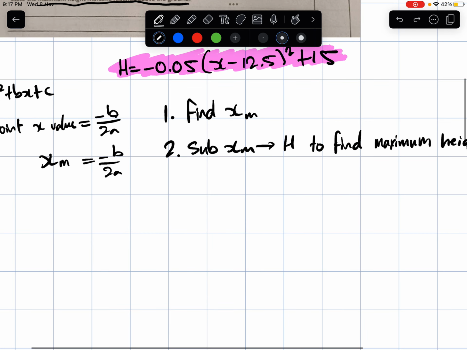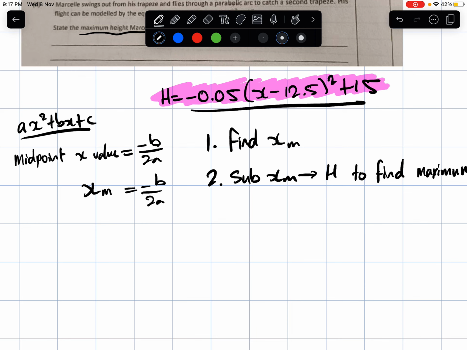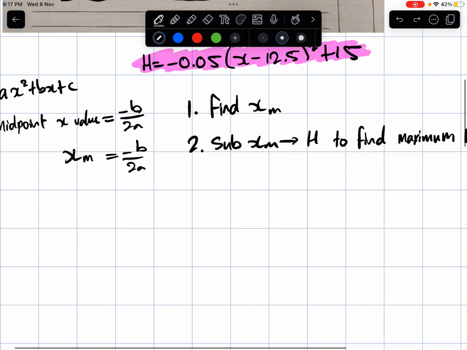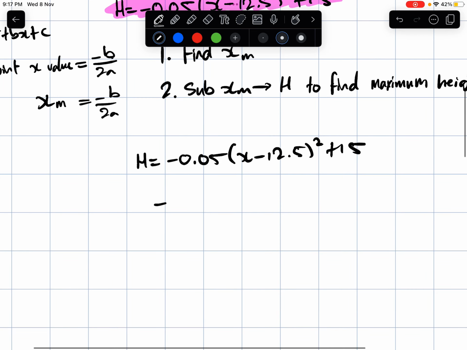So to find xm, we first need to expand our h here so that it looks in the same shape as this. So we'll go h equals right down here. And then I'll just keep this negative 0.05 out for now. And the expansion form is x squared minus 2ab plus b squared.